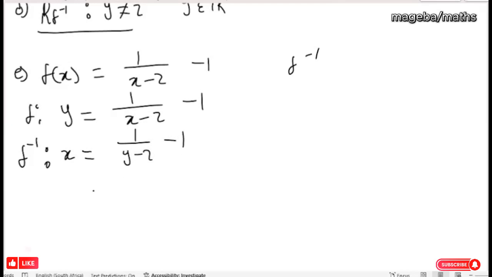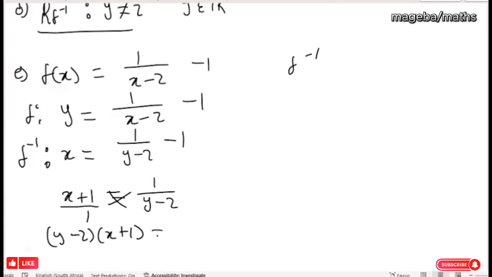So I'm going to take the minus 1 to the other side. It's going to be x plus 1 equals 1 all over y minus 2. This is over 1, so I'm just going to do a cross multiplication. It's going to be y minus 2 times x plus 1 equals 1.